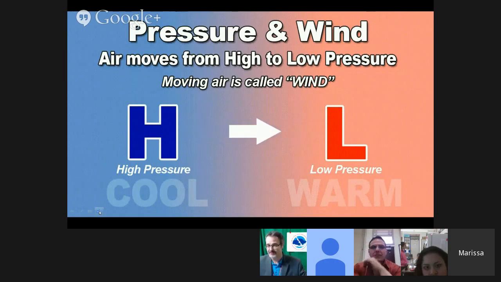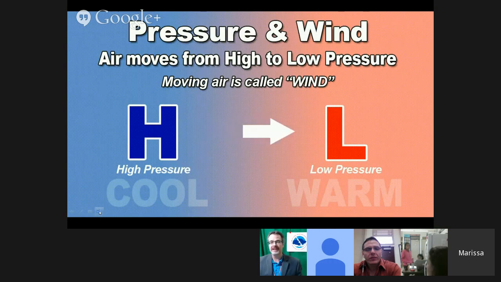And one of the things that we have learned through meteorology is that pressure determines the movement of the air. Simple definition. What is wind? If we were playing Jeopardy here, the slide would have said it's the movement of air molecules, and the correct answer would be, what is wind? Well, wind, or moving air, is created because of differences in pressure, which of course were created by differences in heating.